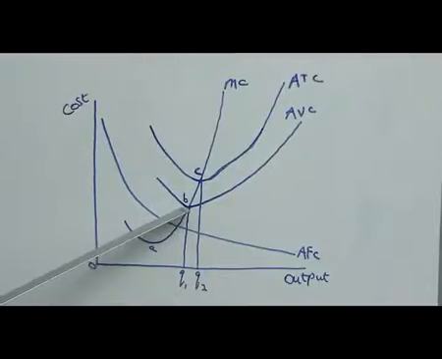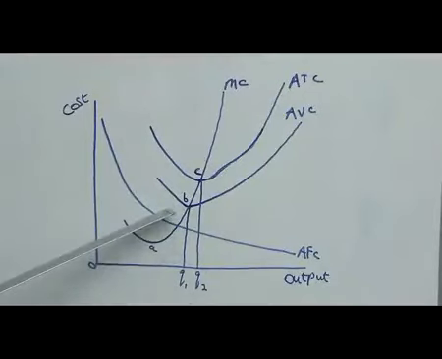It implies that average variable cost has reached its minimum point. That is, whenever marginal cost touches average variable cost, it implies that average variable cost has reached its minimum point. That's Q1. Now, the producer will continue their production because average total cost has not increased.